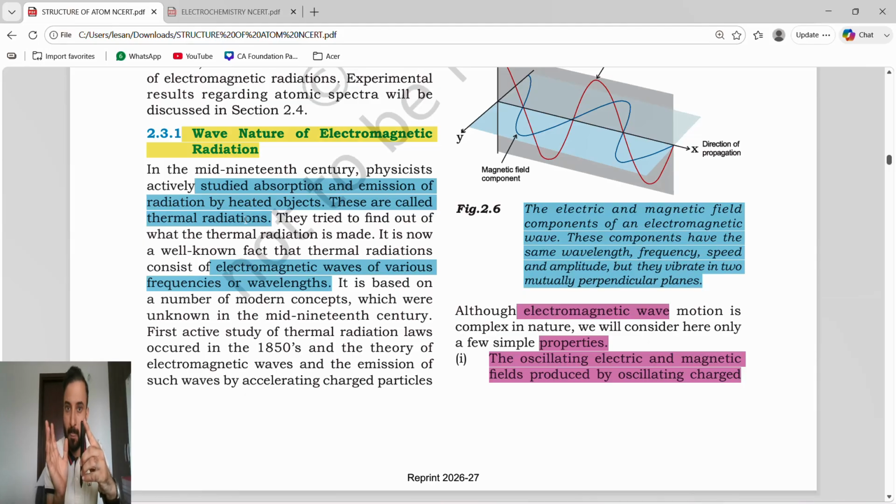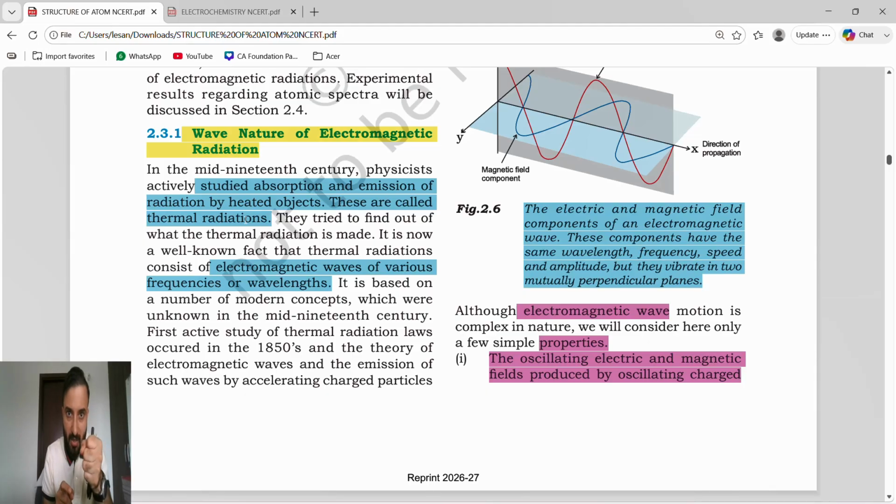Because the object is getting heated. So for any object to get heated, the first thing is we have to give the heat, and this object should absorb the heat. We are giving the heat, that's fine, but this object should absorb the heat. If this object absorbs the heat, it is called a heated object.